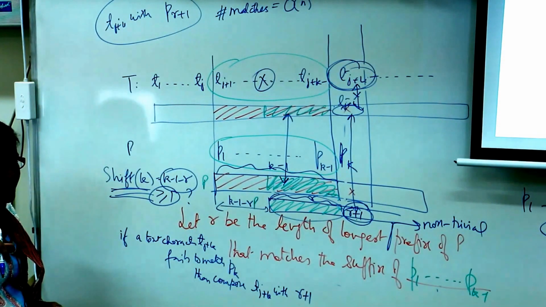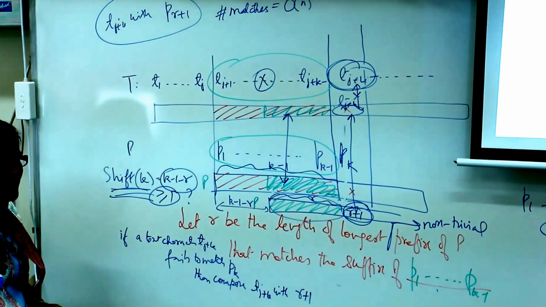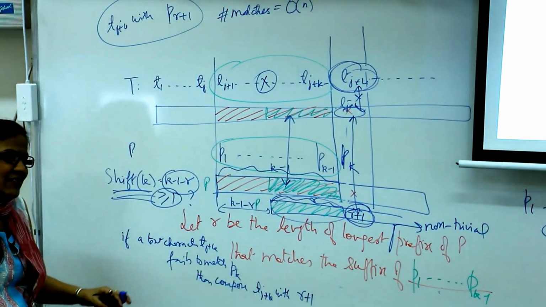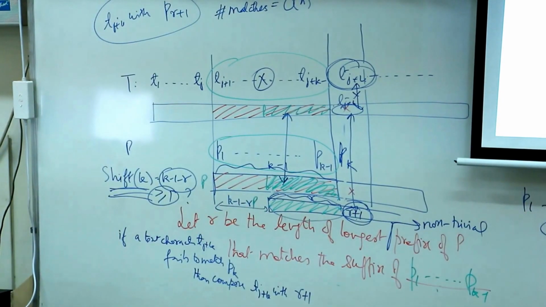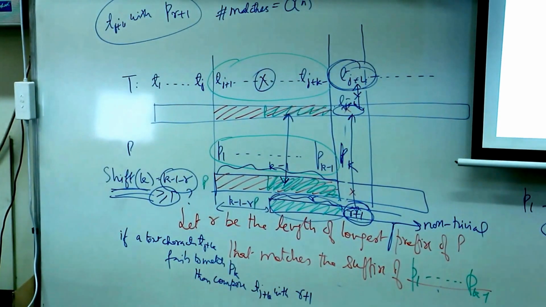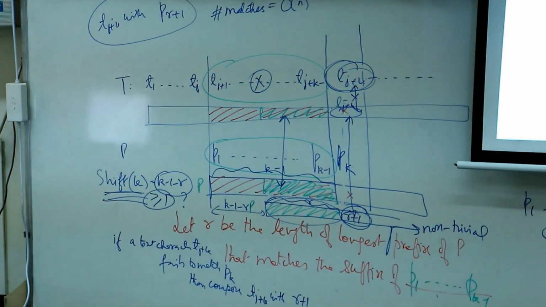This is the case when you have the same character. What is the case? The entire string is its prefix. In general, if my P is A, B, C, D, E, F, I'm asking the question, is A, B, C, D, E, F a prefix of P or not?